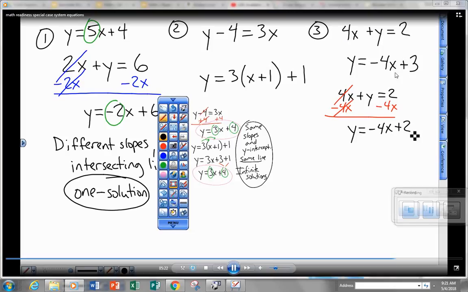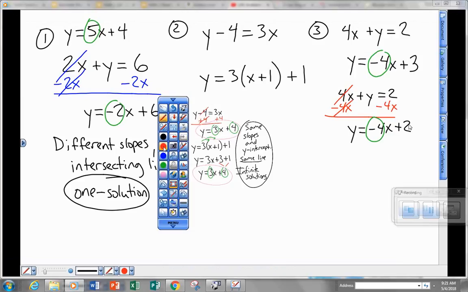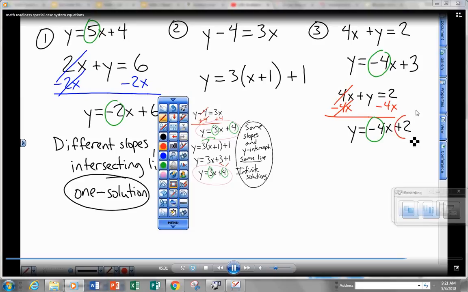So again, now both are solved for y. I can see that the negative 4's, the slopes, are the same, but my y-intercepts are different. That means they're going to be rising and running at the same rate, parallel, but touching different y-axis points. So that is a parallel set of lines, which is no solution.